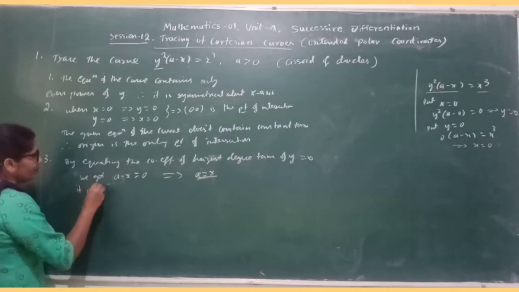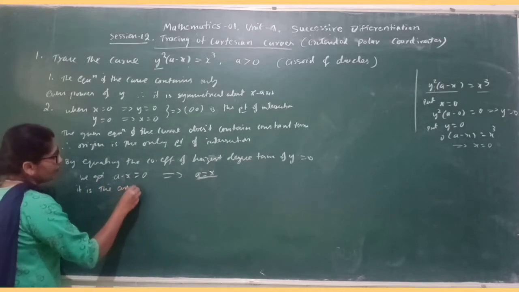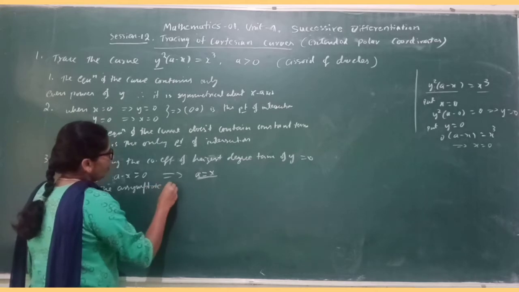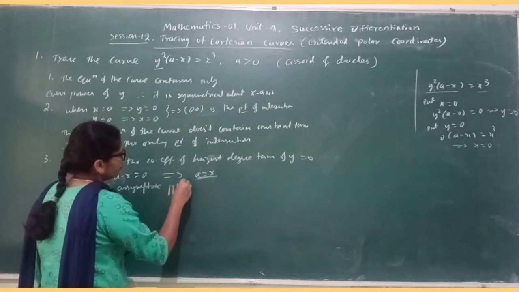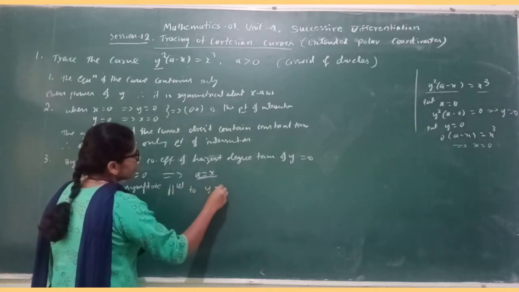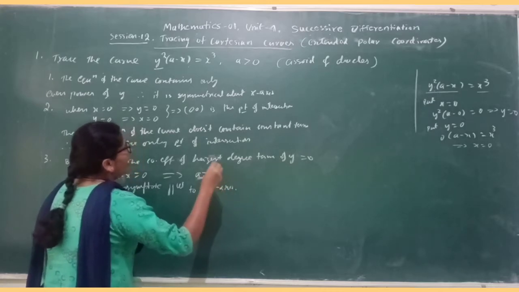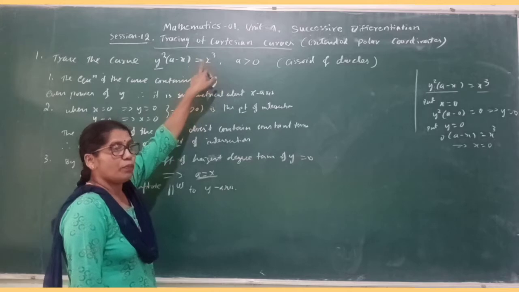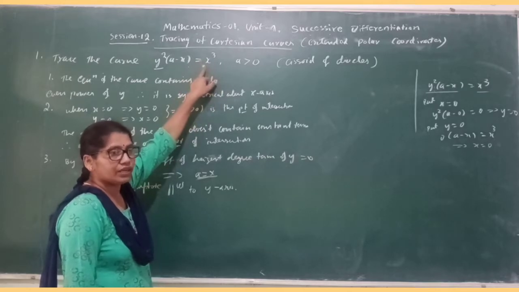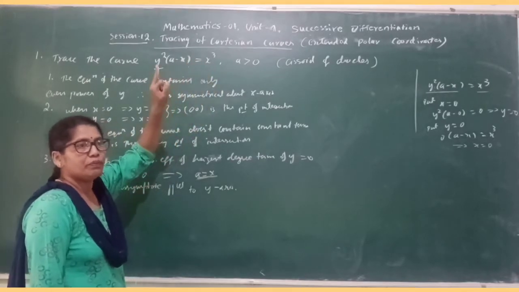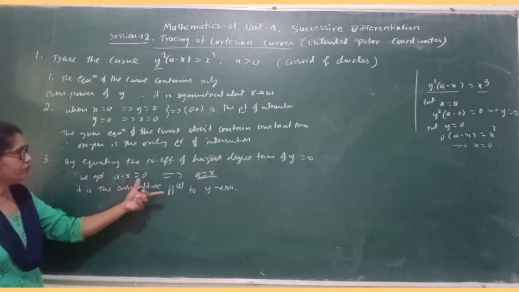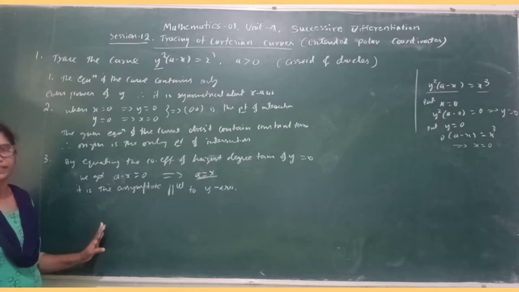Now take the highest degree term of x, that is x cube. The coefficient of x cube is 1, so there is no asymptote parallel to the x axis. So this is the only asymptote, parallel to the y axis.